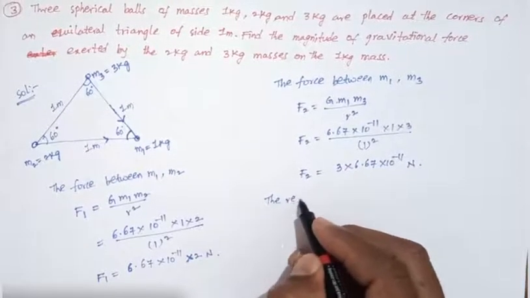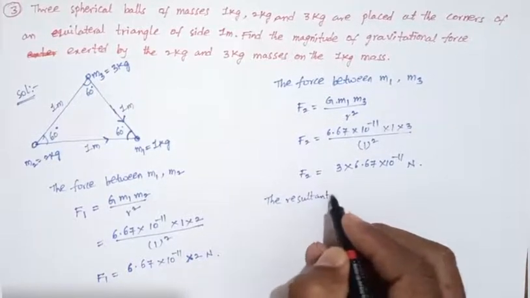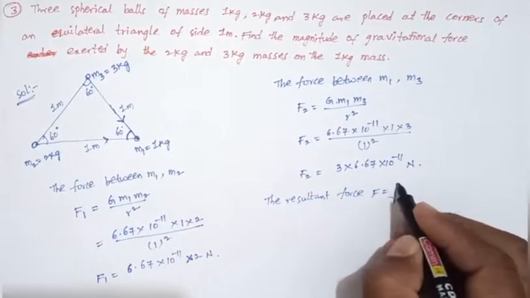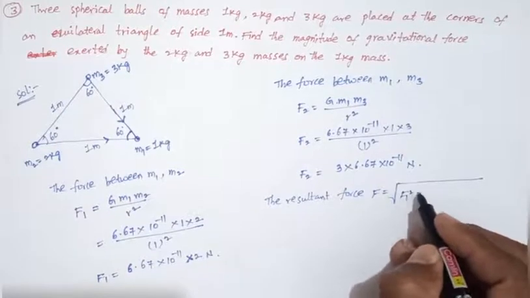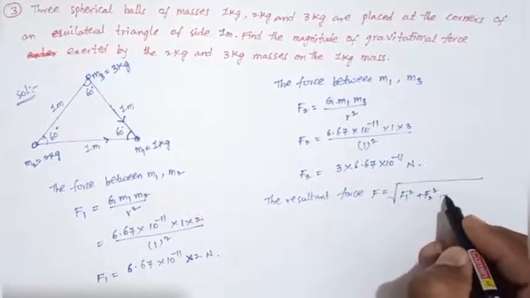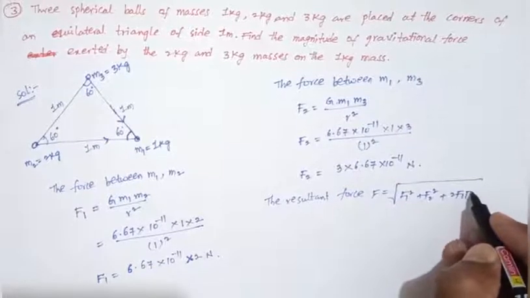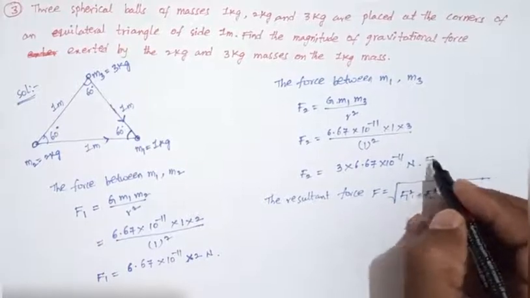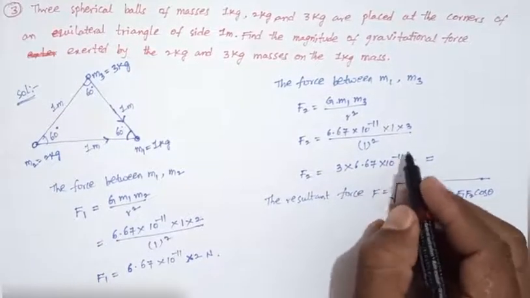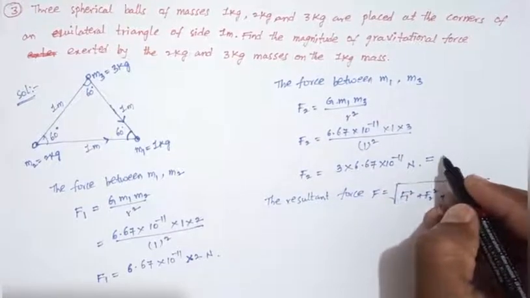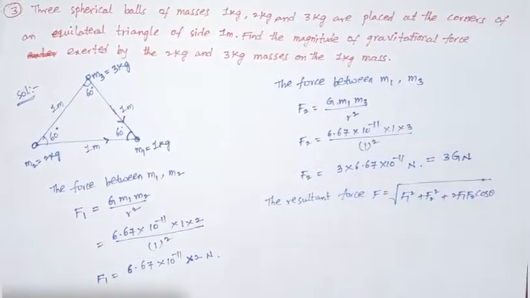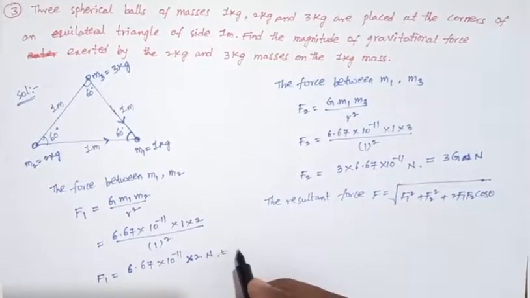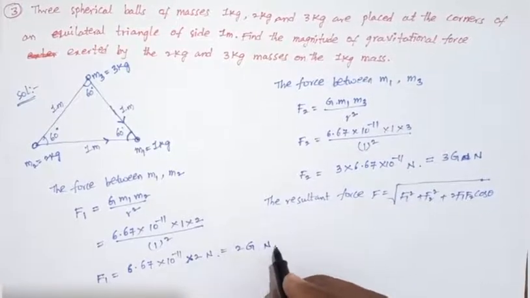Okay, here the resultant force F equals, formula is square root of F1 square plus F2 square plus 2 F1 F2 cos theta. Okay, we are taking 6.67 into 10 to the power of minus 11 as capital G, so F2 is 3G newtons and F1 is 2G newtons.